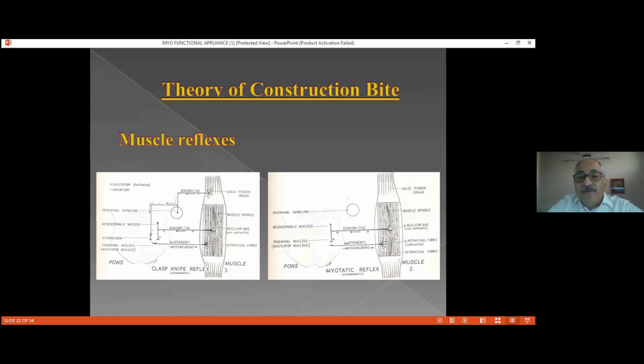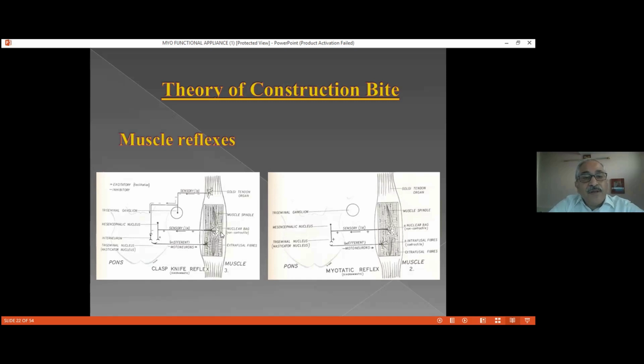Once there is a pull on the muscle spindle, the nuclear bag is stretched and a sensory input is given to the mesencephalic nucleus in the pons, that is the midbrain. From there a motor response is elicited to the extrafusal fibers, that is the fibers outside the muscle spindle, and this leads to contractile activity. Now, once the muscle is stretched beyond a particular limit, what will happen?